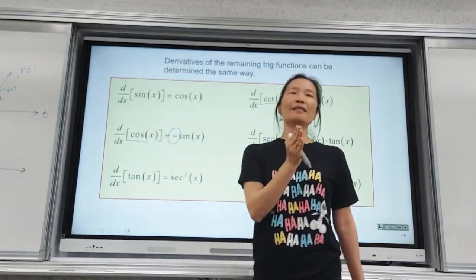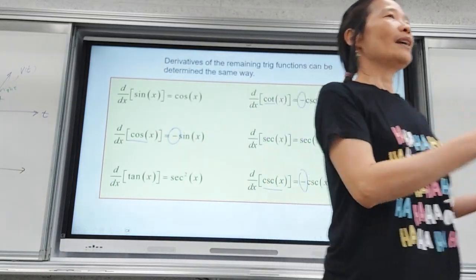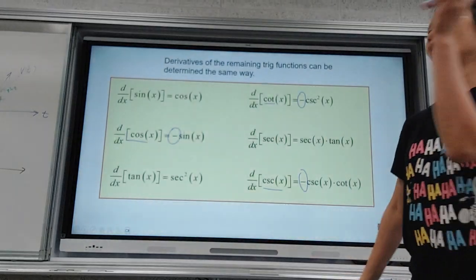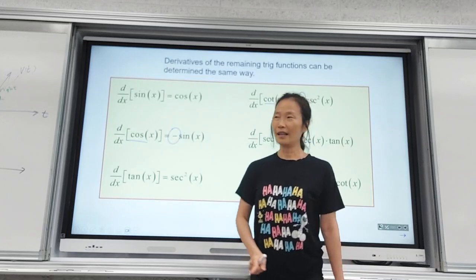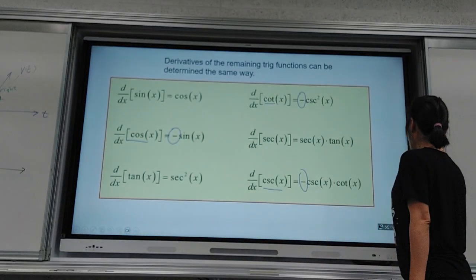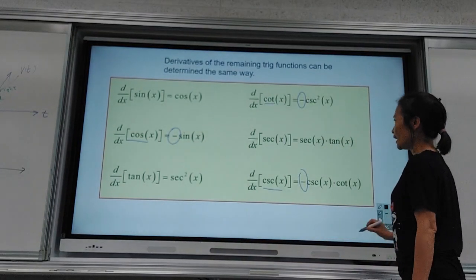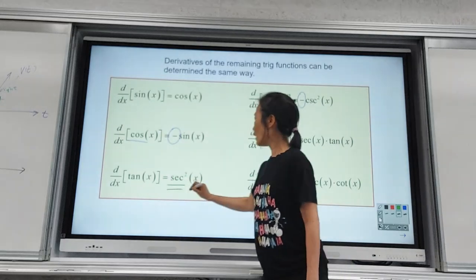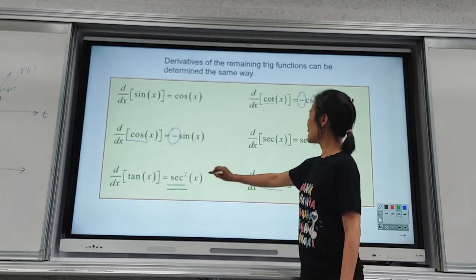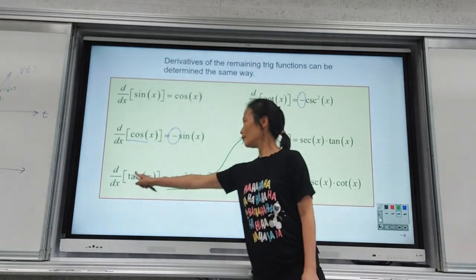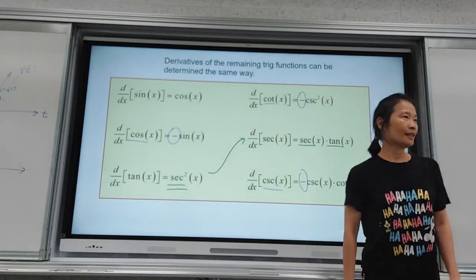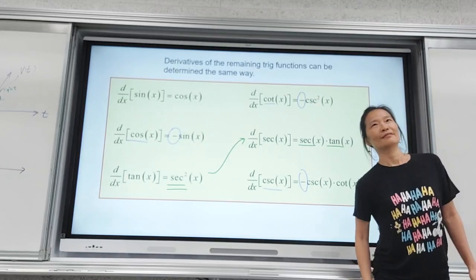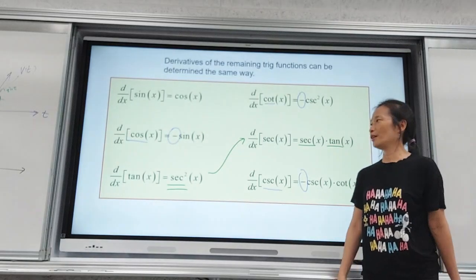The derivative of sine is cosine. The derivative of cosine is negative sine. The derivative of tangent is secant squared. Alright? Now, can we associate the derivative of secant? Since the derivative of tan is secant squared, then the derivative of secant is secant and tangent. So they are actually associated.